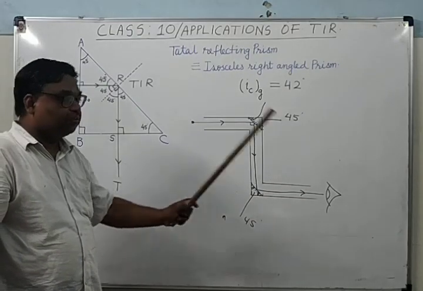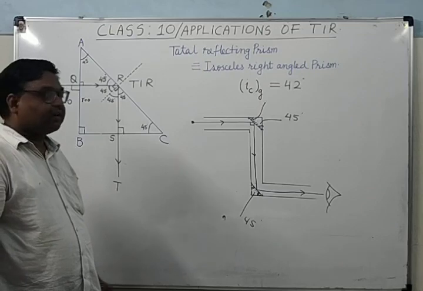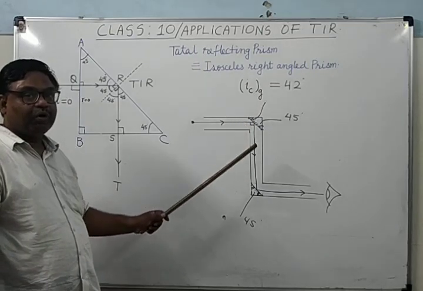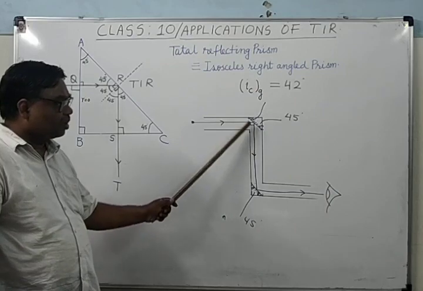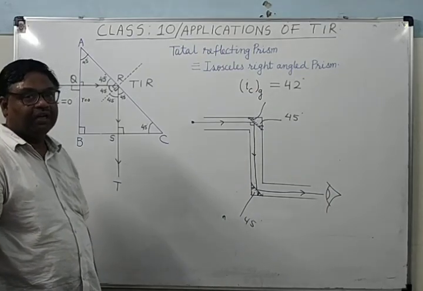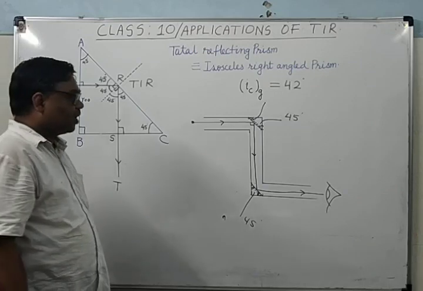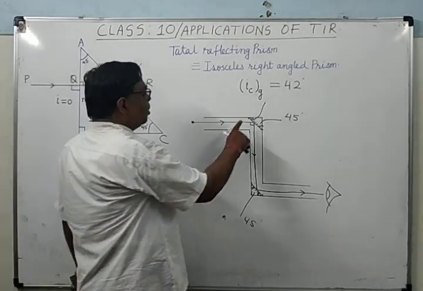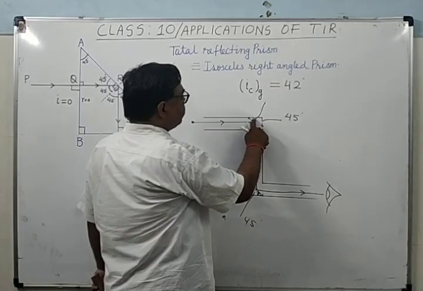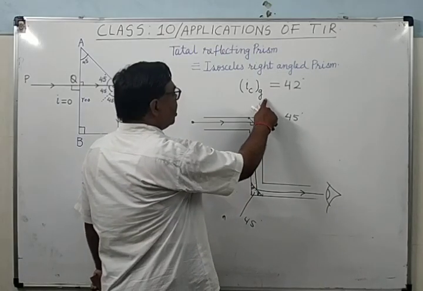Its brightness will be reduced because of the absorption of some amount of energy at each reflection on the plane mirror. Some amount of light energy will get absorbed. Therefore, the final image will be less bright. It will not be as bright as the object.